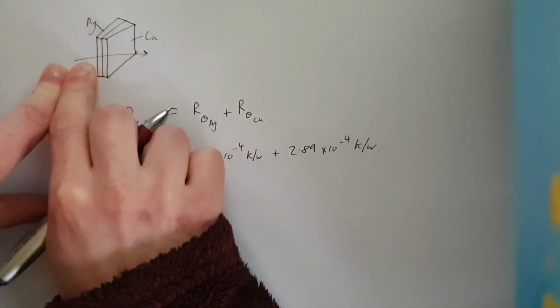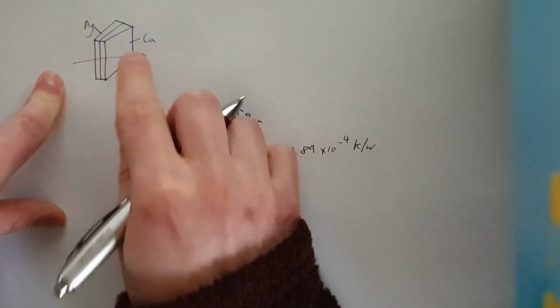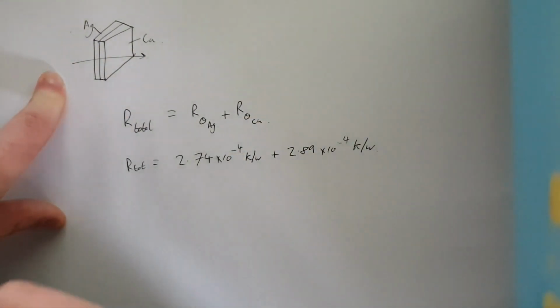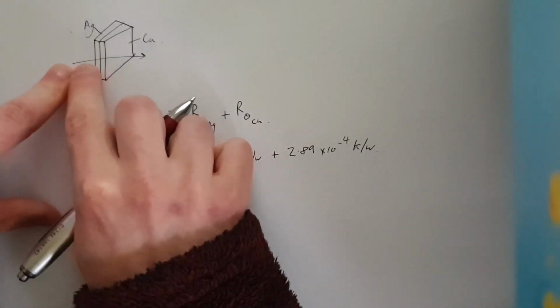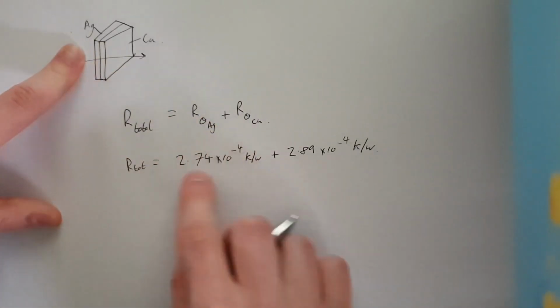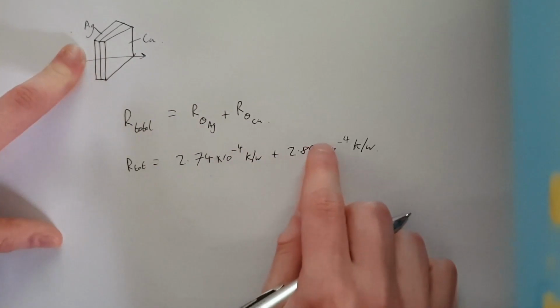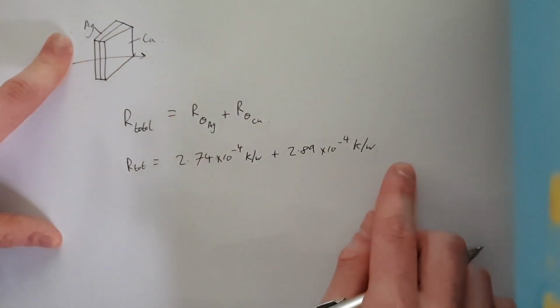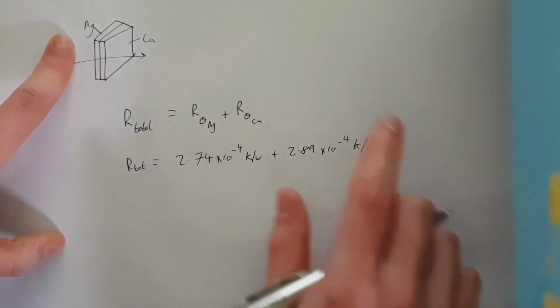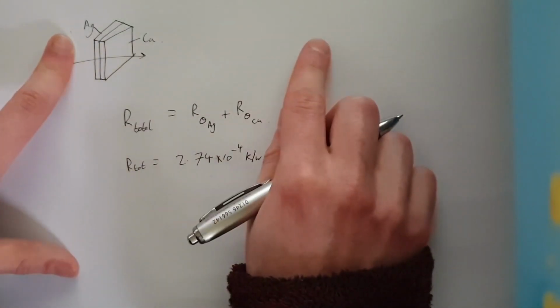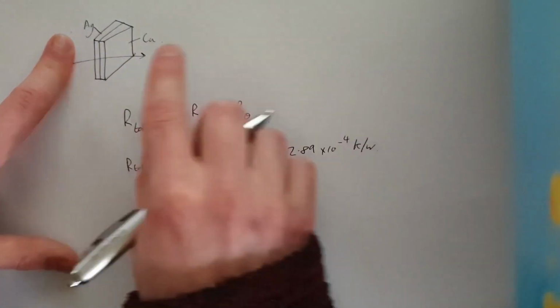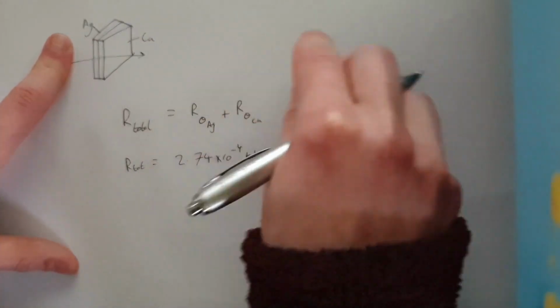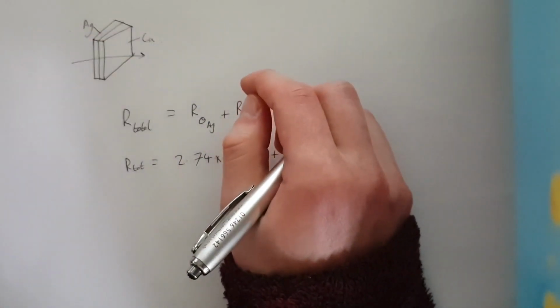Because imagine you're like a little warm particle and you have to get from here to the other side, which is what we're calculating the resistance for. You have to go through the first layer, which has this resistance. Then you have to go through the second layer, which has this resistance. So the total resistance you've gone through is the total sum of those resistances. So if you had like 20 of these layers in a row, then your total resistance would be the sum of each of those layers, because you're going straight through them all.